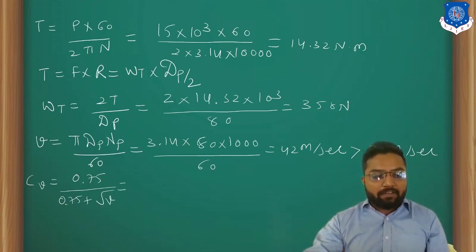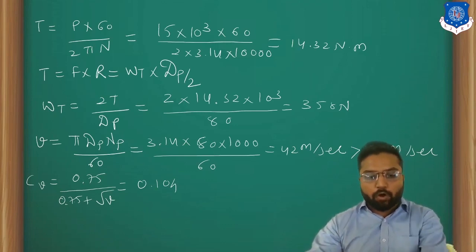So ultimately we will find a value depending on this velocity. Clear? Okay, so it will be 0.1004. So our CV is nothing but 0.10. Clear? Okay, so let's move on to the next point.